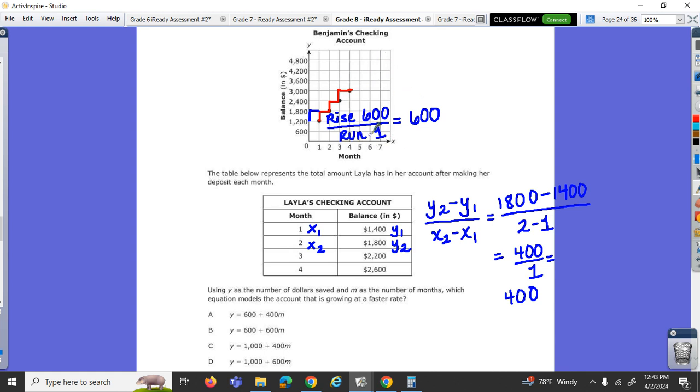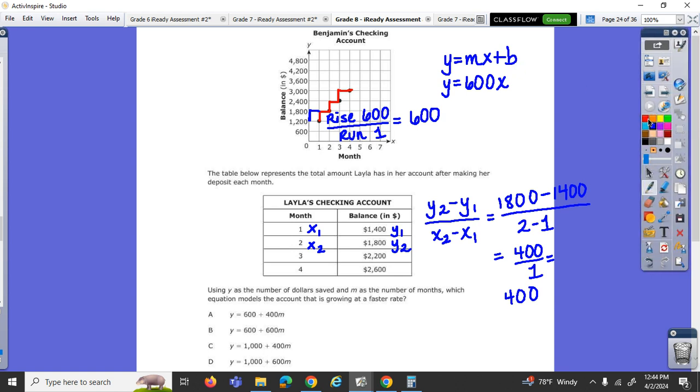What we need to make sure is that we can write the rest of his equation. We know that an equation is y equals mx plus b, and we've already got our m, right? That's the 600. The good news is that we can look at our graph to get our b, our y-intercept.